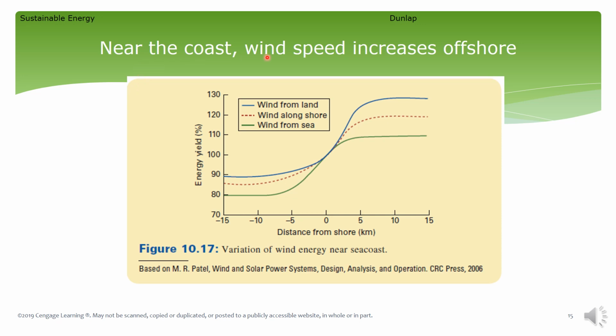Near the coast, wind speed increases offshore, which means that when wind blows far from the land, the energy efficiency increases. In this figure, the x-axis is distance from shore and the y-axis is energy yield.